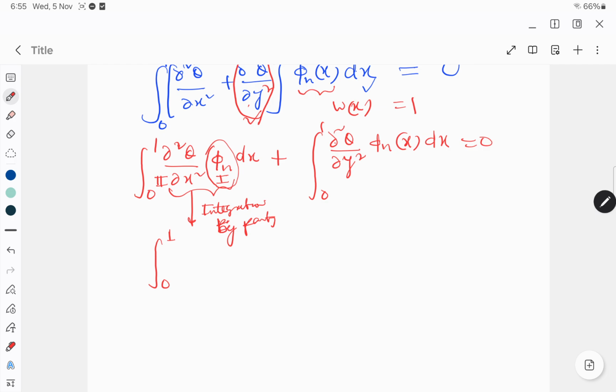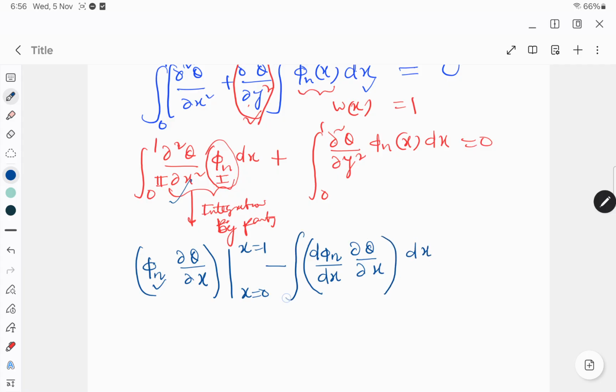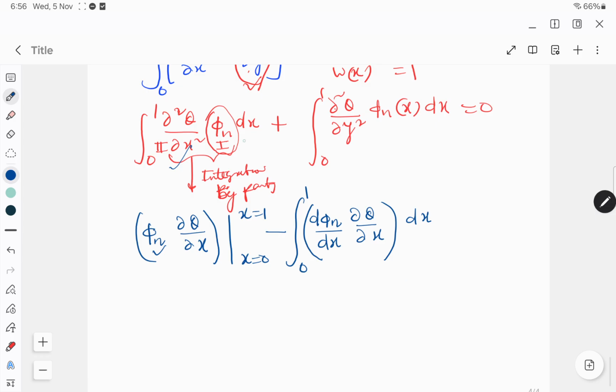So the first function is phi n, times the integration of the second, that is del theta over del x, evaluated at x equal to 0 as lower limit and x equal to 1, minus, since it is integration by parts, the derivative of the first, d phi n over dx, times the integration of the second, del theta over del x, integrated over x from 0 to 1. So this first part we have done.